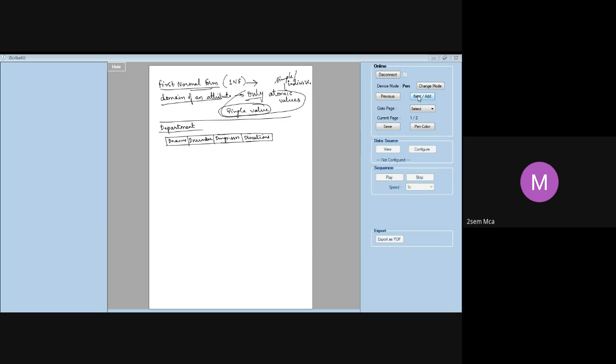If you remember our ER diagram, department locations was shown like this. D locations is a multi-valued attribute.